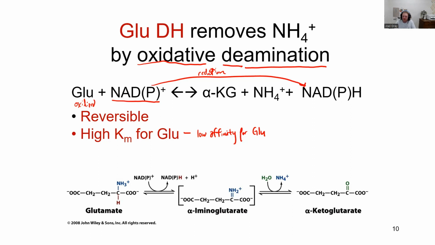If you notice here in this first step, going from glutamate to alpha aminoglutarate, we're losing this hydrogen, and then we're losing another one right here, so that we end up with a double bonded nitrogen with two hydrogens on it, making it NH2 plus.